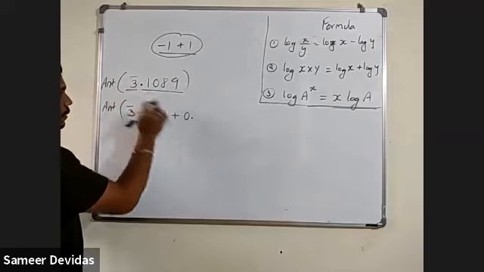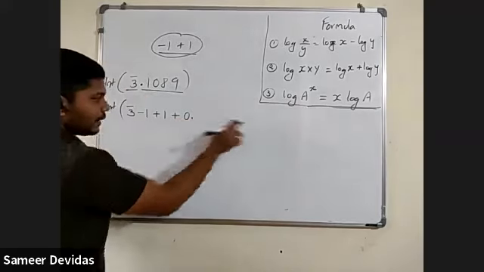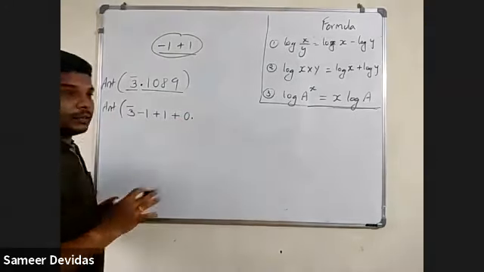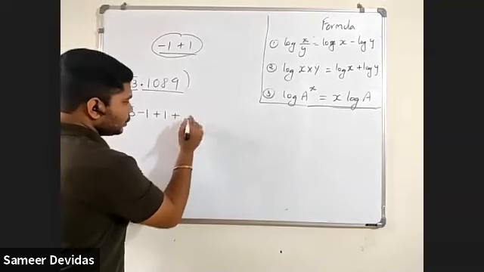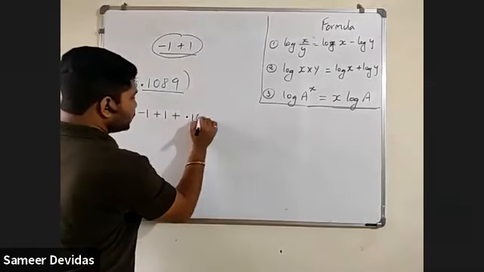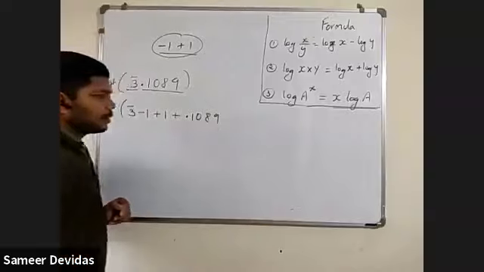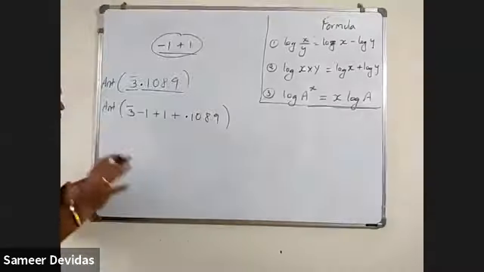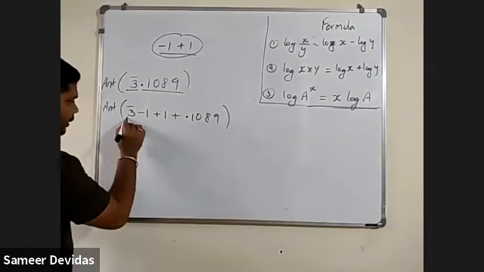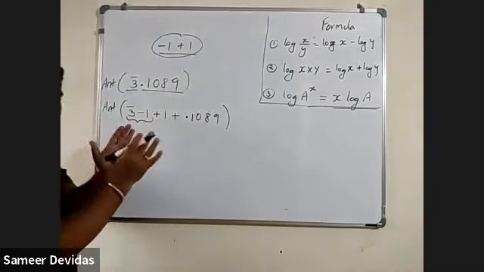So you consider it as a 0, or else to avoid confusion, you say 0.1089. Is this clear till here? Yes, sir. Any difficulty in this? No, sir.